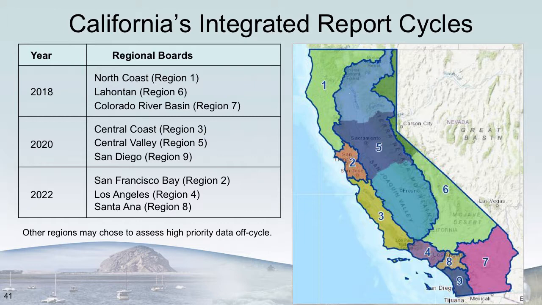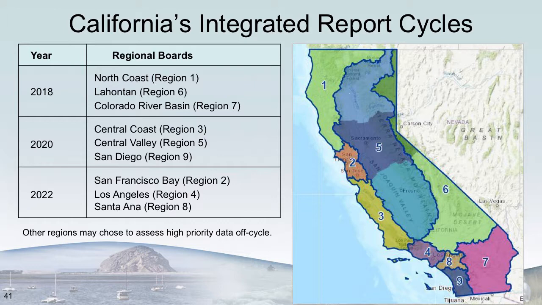It's because California just has so much data that we have not been able to analyze all of it and get it through our public procedures and our public process in a time period that would allow us to get it done every 2 years. So in order to help us better manage all of the data that we have, we split the state apart into three different pieces, 3 regions to each piece.